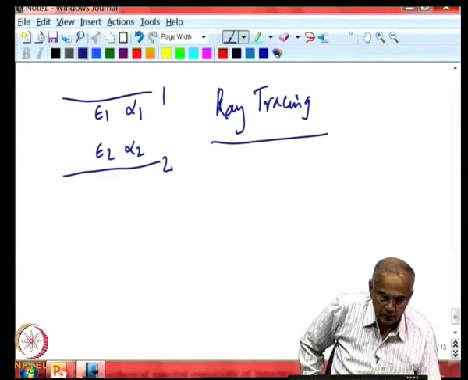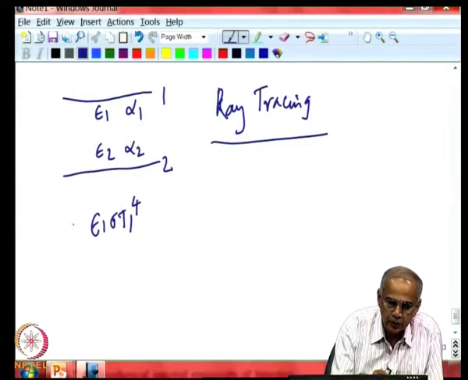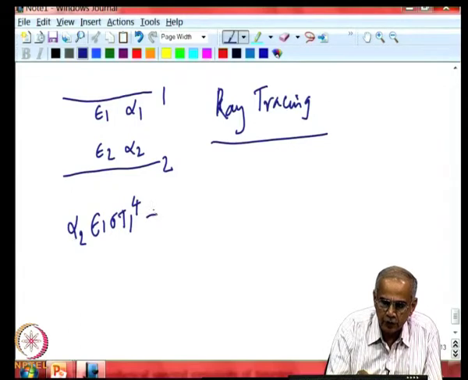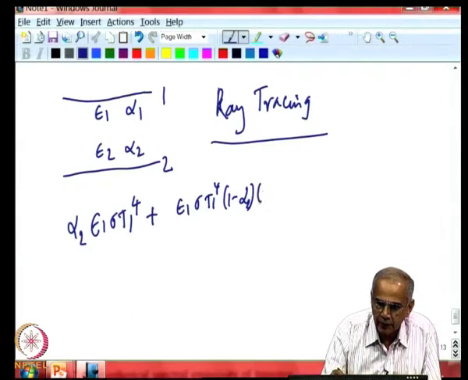Now, notice that surface 1 is emitting radiation. So, this much radiation is emitted, and at surface 2 there is a probability that it is absorbed, so much. But if it is not absorbed, this emission will be reflected by surface 2. Once it is reflected, we look at when it will come back again, it will come back and reflect off surface 1, then it is absorbed by surface 2.